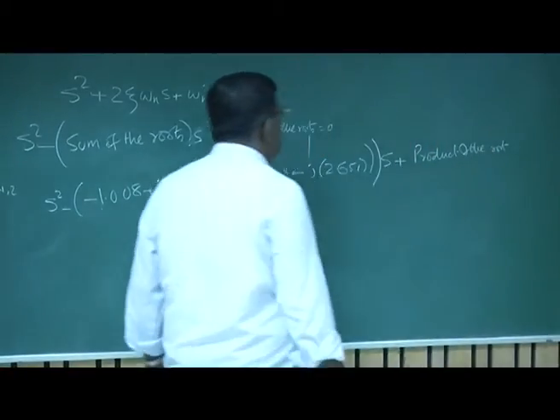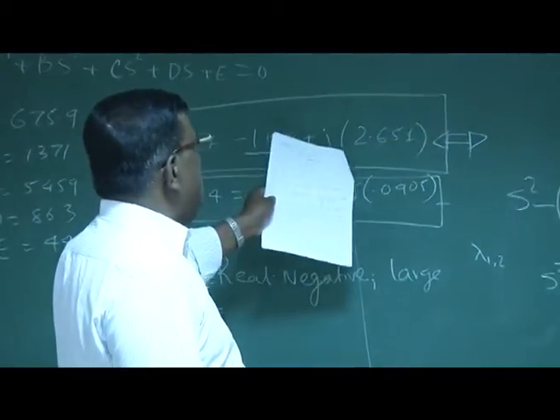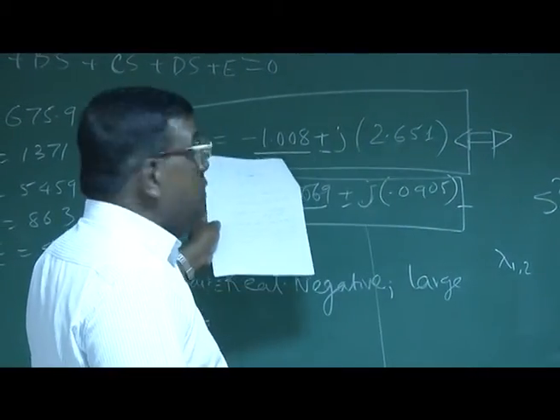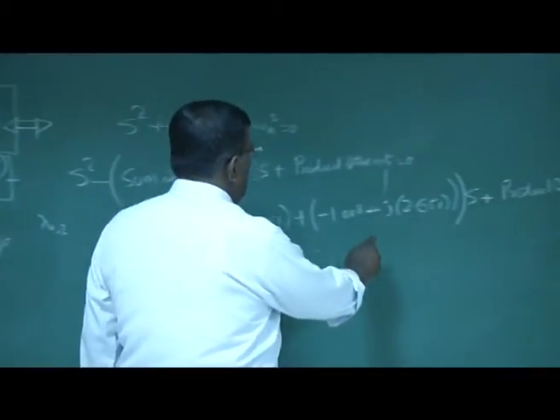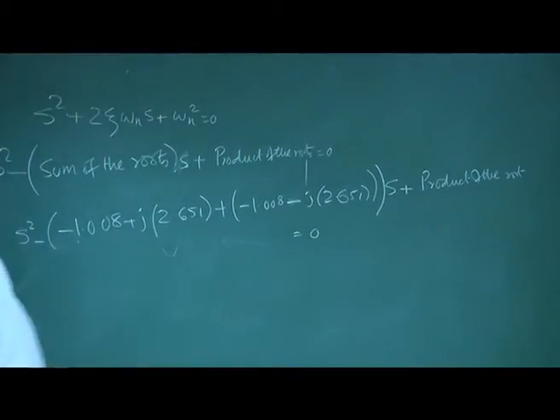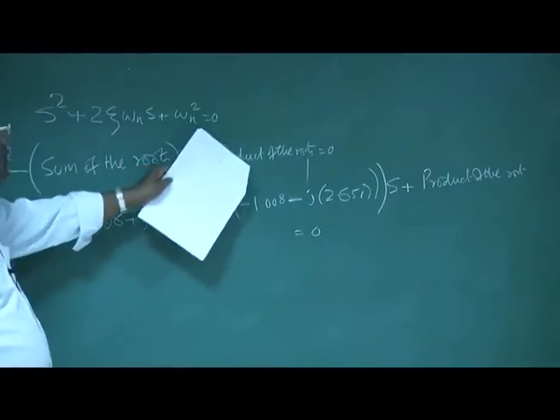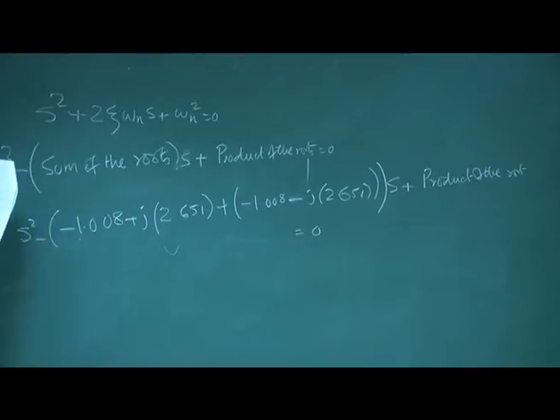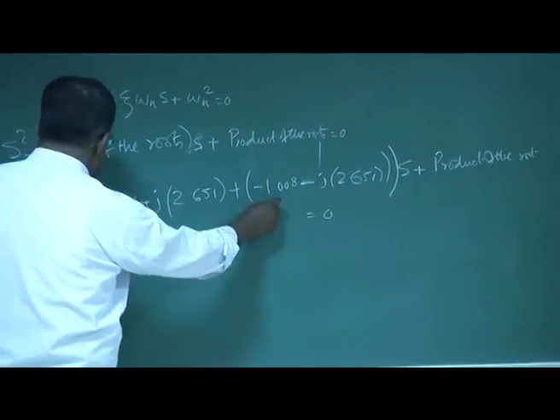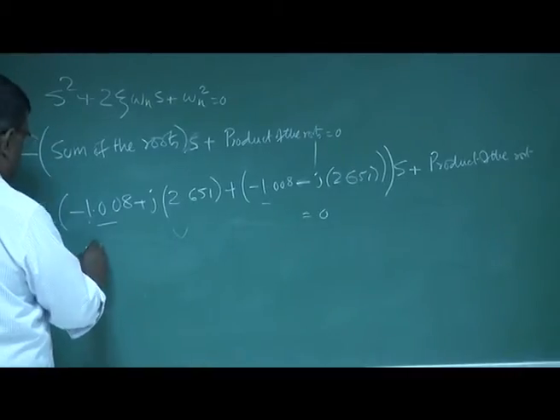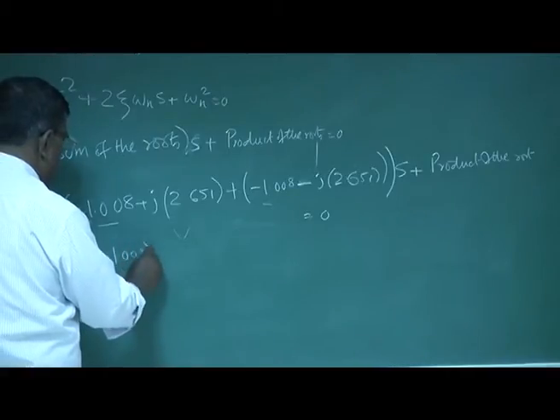How to find the product of the roots? This would be minus 1.008 plus j 2.651 into minus 1.008 minus j 2.651, equal to 0. If you do it like this, you will get the equation in the form s square minus the sum of the roots into s plus the product of the roots. The sum becomes plus 2 into 1.008.